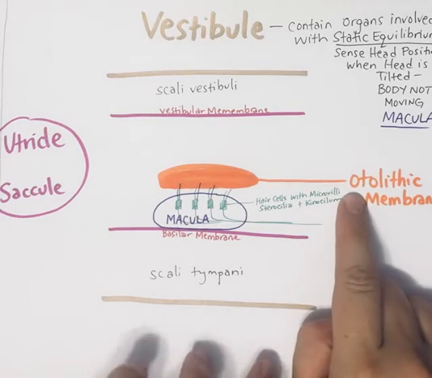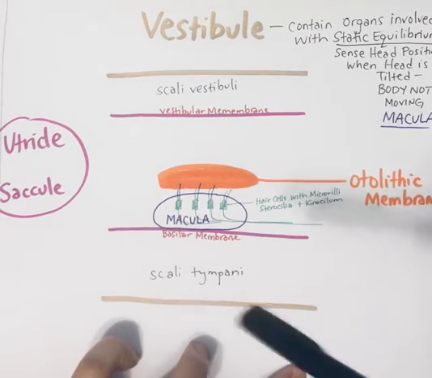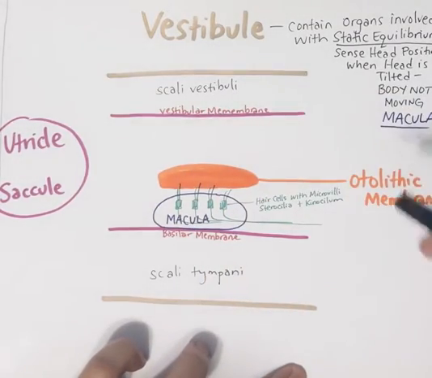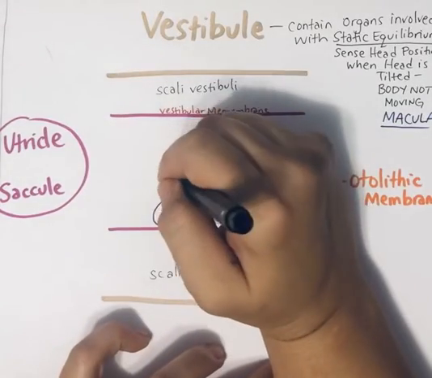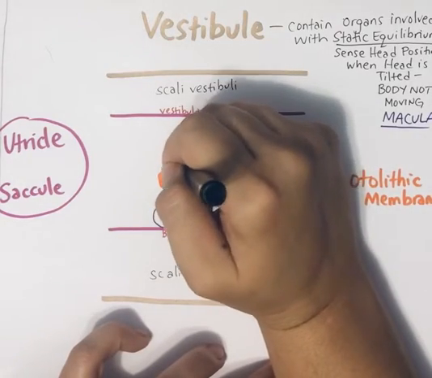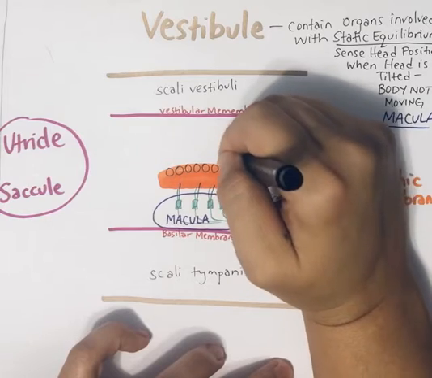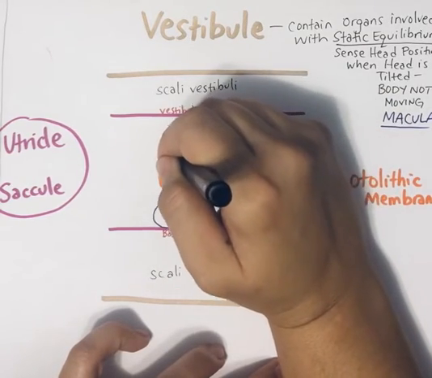Now, oto means ear, lithic means rock. So this is a gelatinous otolithic membrane. On top of it, it's got calcium carbonate crystals or ear rocks that sit on top of it. You literally have rocks that sit on top of this gelatinous material.